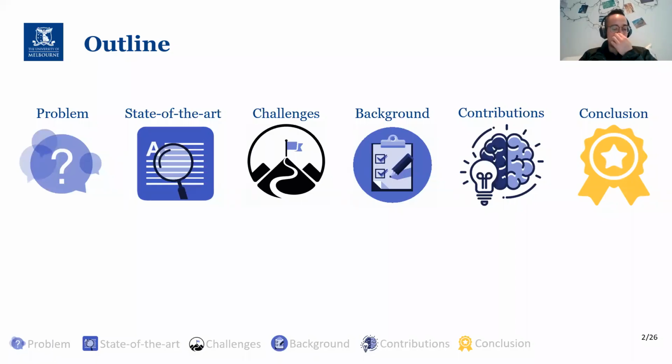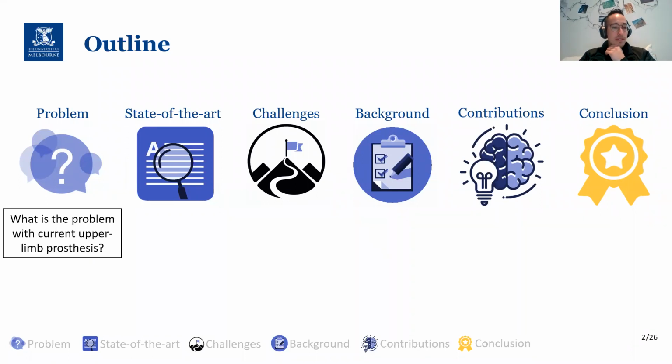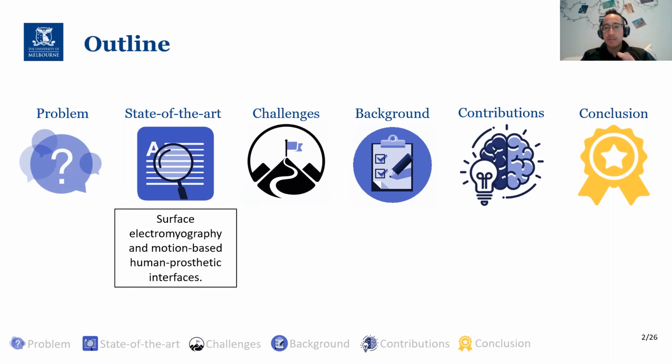So I'll start by laying out what we will talk about. We'll start with what's missing with the current commercial upper limb prosthetics, and then look at how people in the field have been trying to improve these human prosthetic interfaces.